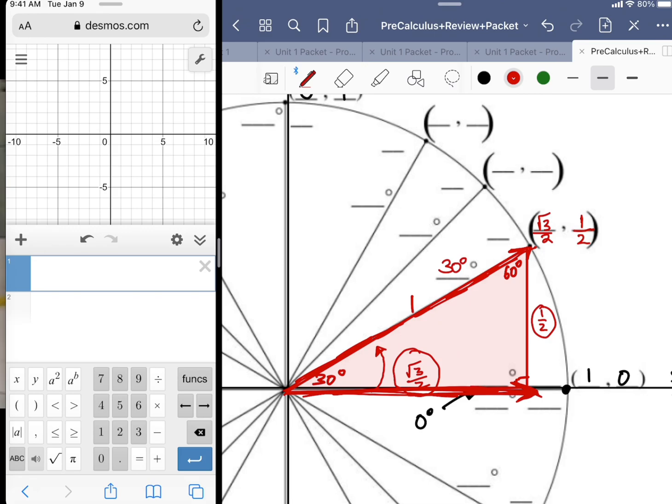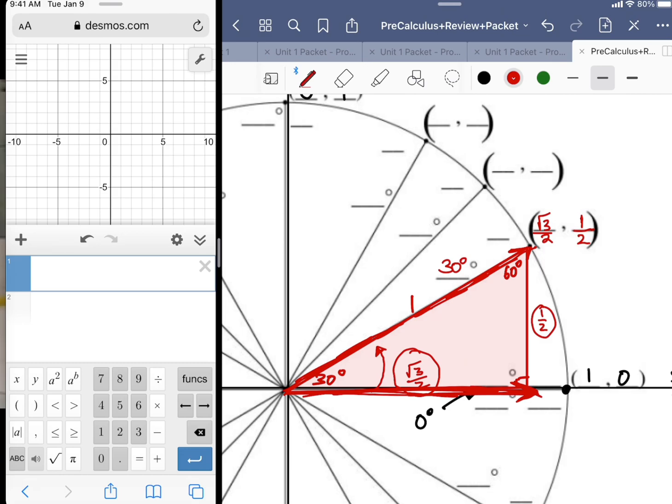And so what's really going to end up being the case is that the coordinate 1, 0 is going to sweep through the circumference of the circle and move to the coordinate radical 3 over 2 comma 1/2. So it's a different way of thinking about it, but it's a more intuitive and physical approach to things. So the next one.